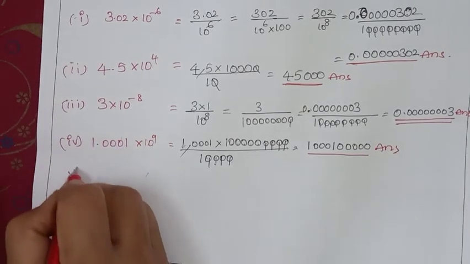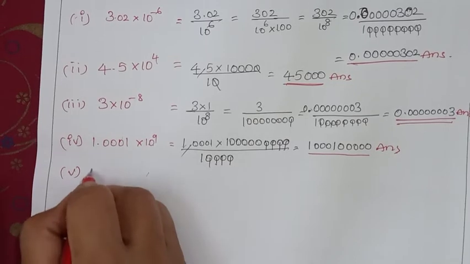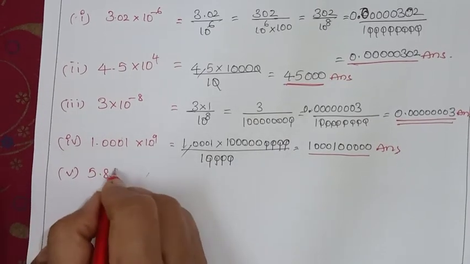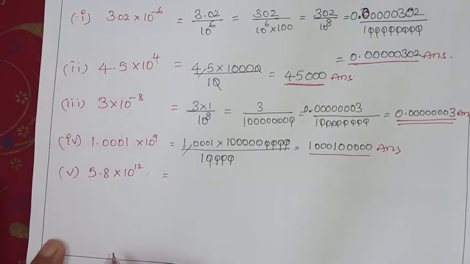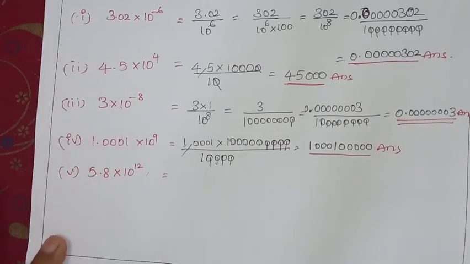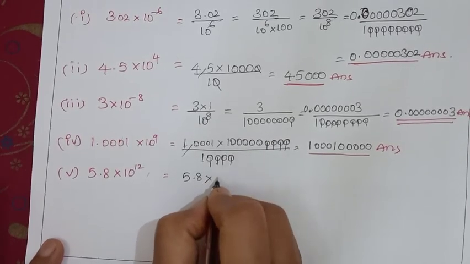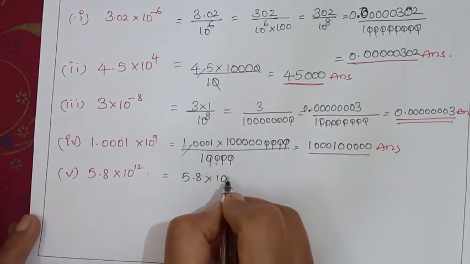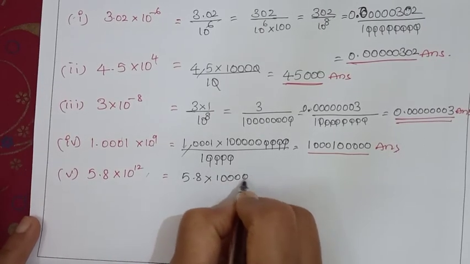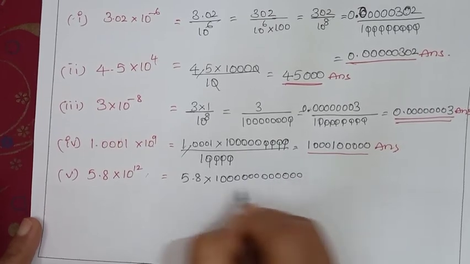Next, fifth one. Today we will complete up to second bit only in this topic, children, because you have to practice a lot. Okay? 5.8 is very simple again. I hope you can also do now. 10 to the power 12 means 12 zeros. 1, 2, 3, 4, 5, 6, 7, 8, 9, 10, 11, 12.